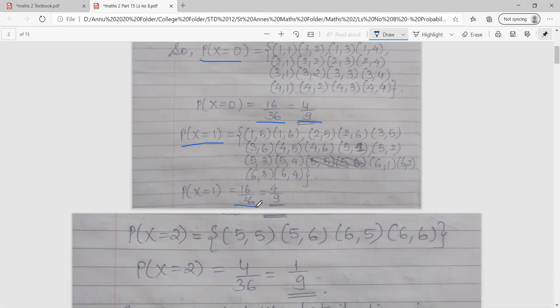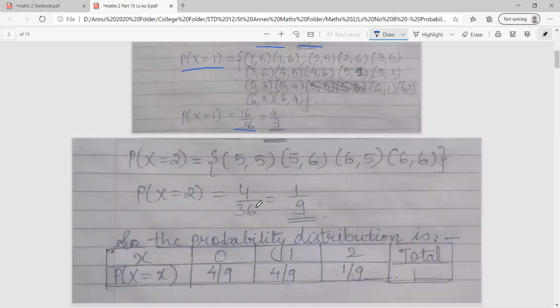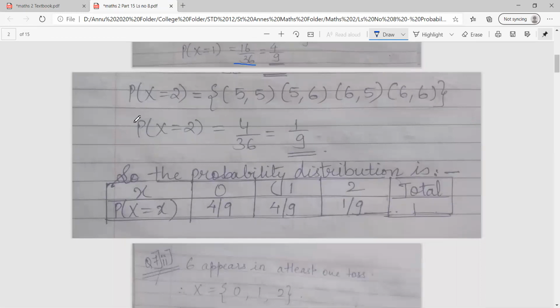Again, the total number appears to be 16 by putting the formula n of A upon n of S. 16 by 36, I get again 4 by 9. Probability that both the numbers are greater than 4: 5, 5, 5, 6, 6, 5, 6, 6. So it is 4 upon 36, answer 1 upon 9.